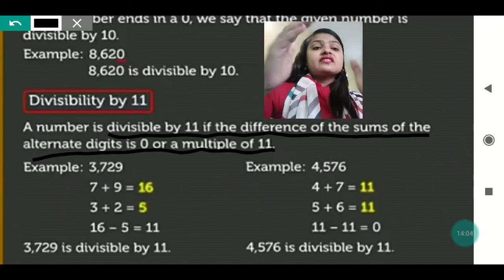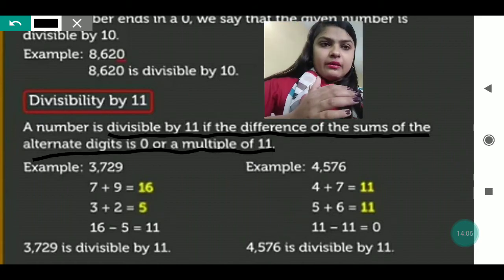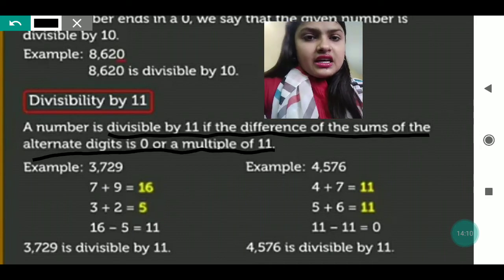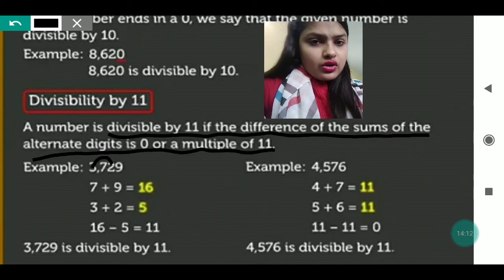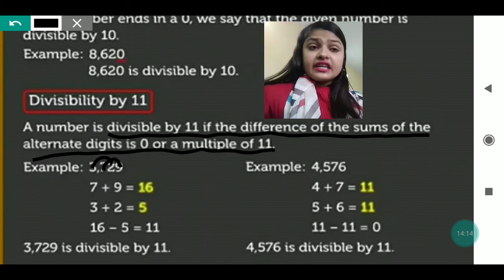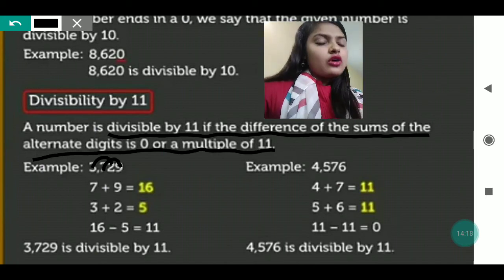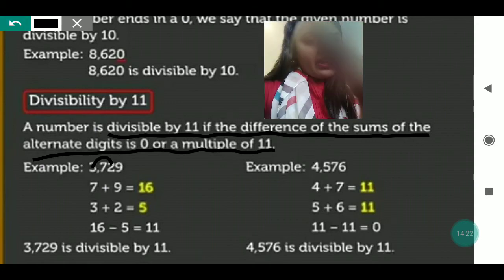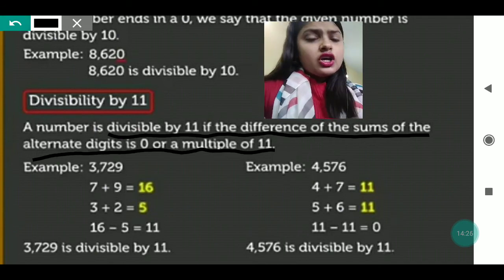Alternate means we skip one number and take another. Like 3's alternate is 2, and 7's alternate is 9. This is called alternate. In a sequence, if any digits are given, we leave one number and take the alternate numbers.